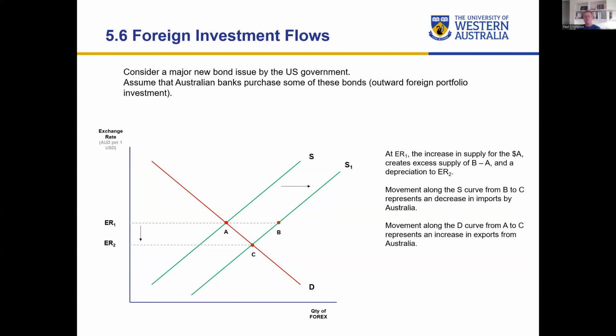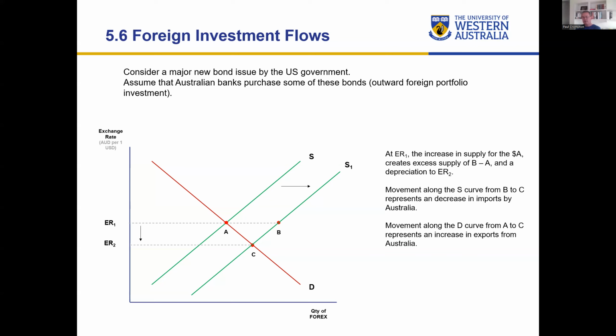The answer is because with a lower exchange rate, ER2, foreign currencies are now more expensive to buy. And if foreign currencies are more expensive to buy, everything foreign must be more expensive to buy. Foreign goods, foreign services, foreign assets. So the movement from B back to C is Australians buying fewer foreign goods, services, and assets.